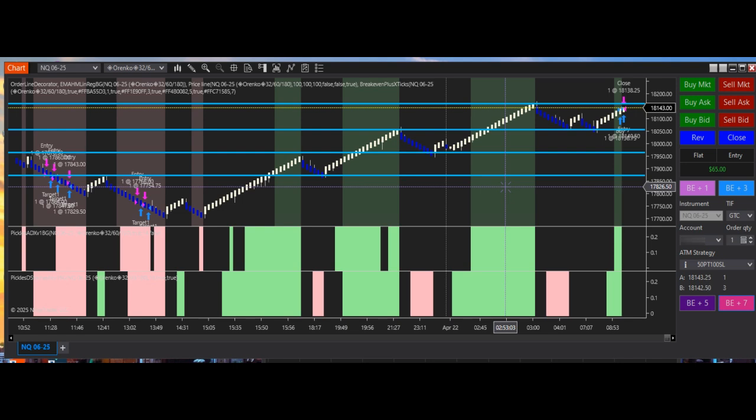So just to be safe, I moved my stop loss to break even, and the pullback to my stop loss was only 7 ticks, which is only $35. So 35 plus 30 is $65. So that's how you get $65.